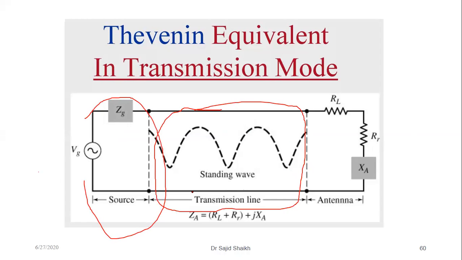Transmission line means it will transmit the same type of energy, electrical to electrical. And here we have the antenna, which will convert this electrical energy into electromagnetic waves. This is the simple equation to calculate the impedance. We will discuss all these things.